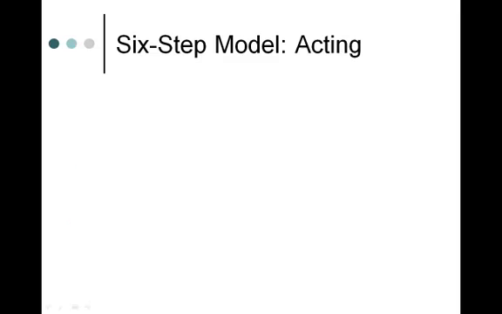So we get to the acting phase. So now that you've established a connection with the client by using your listening skills, you've addressed their most immediate needs and kept them safe, and you've gathered some more information about their coping resources. Now it's time to start putting together a plan to help them return to equilibrium. Right? And again, you're still using your listening skills here, even though we call it the acting phase. Okay.